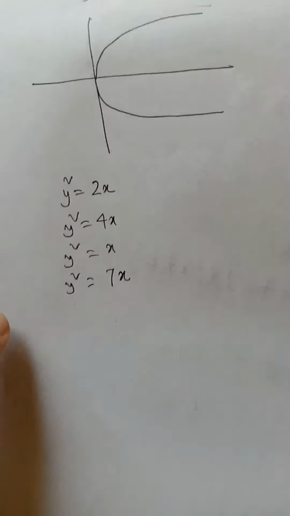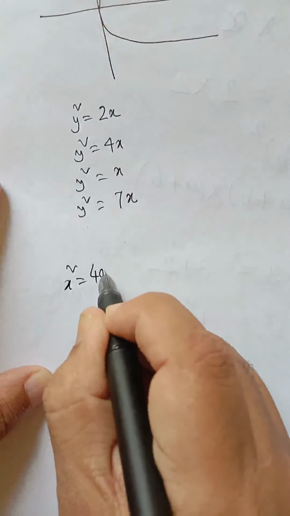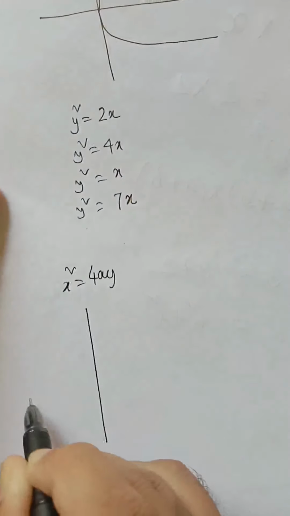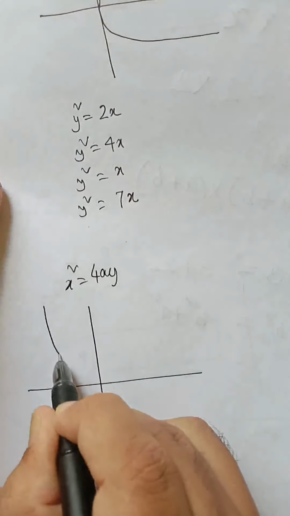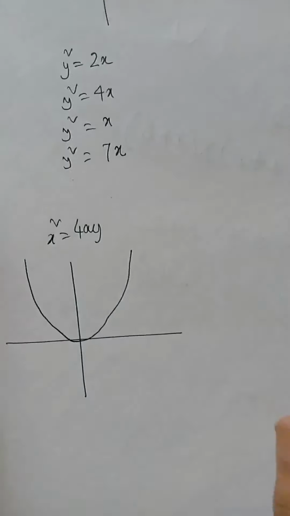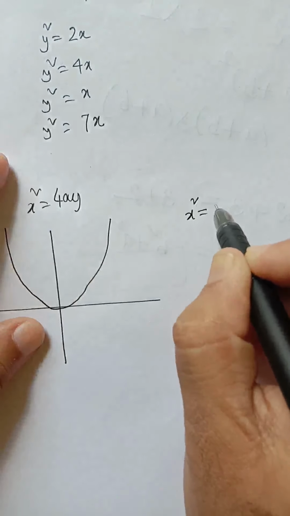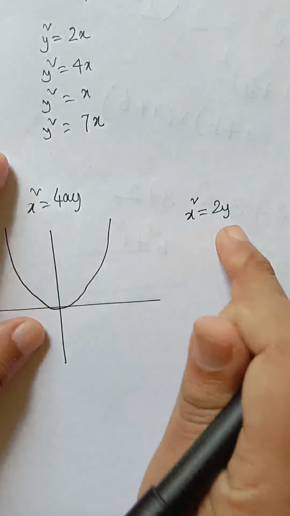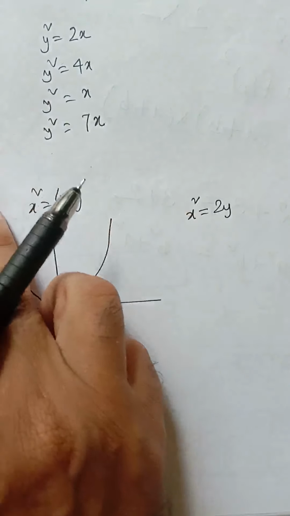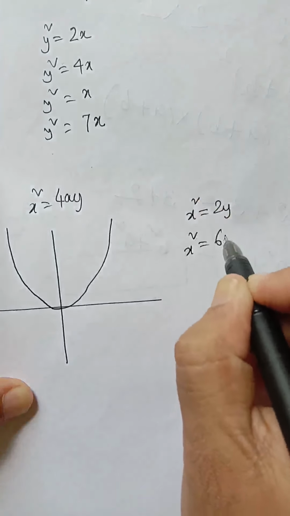Okay, suppose x square equal to 4ay. We know x square equal to 4ay is the standard equation of a parabola. The graph of x square equal to 4ay is this. Now suppose in the question it is given: find the area bounded by x square equal to 2y. Now x square equal to 2y is of this form. We'll draw this graph. Suppose it is given: find the area bounded by x square equal to 6y.